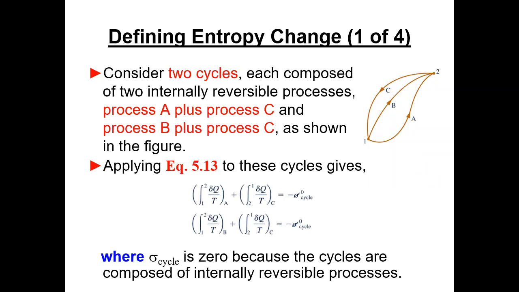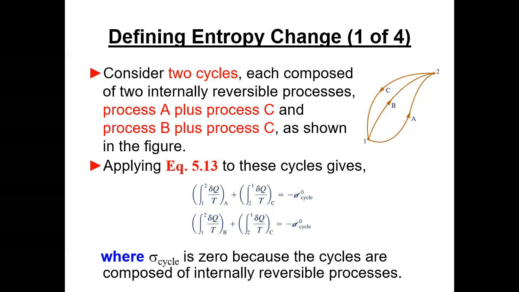Okay, so then we write that the cyclic integral equals the negative of the production for both processes. So in that top equation over there, we integrate 1 to 2 of delta Q over T for process A, whatever it is, completely arbitrary, but it's internally reversible, so it's ideal.